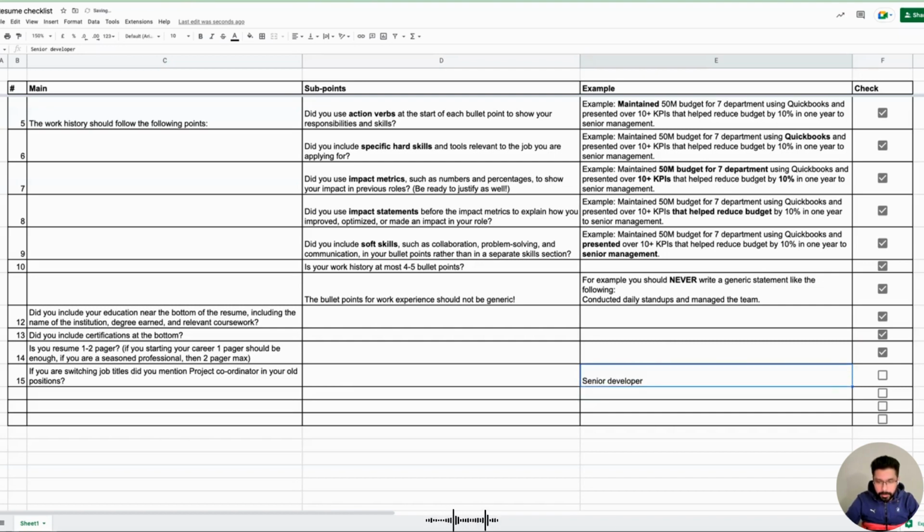And then you want to change your domain from senior developer, you want to become a project manager. So in your past experience where you held the position of a senior developer, all you have to do is you have to say / project coordinator.